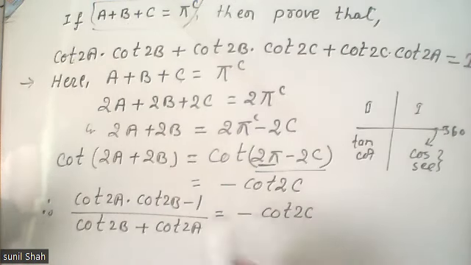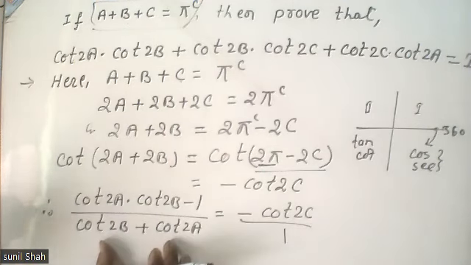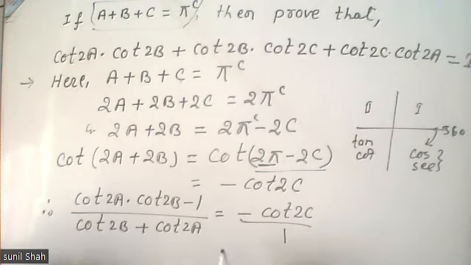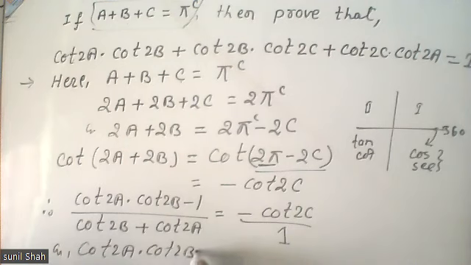Now, by cross multiplying, we multiply this by this and this denominator by this numerator. So here cot 2A, cot 2B minus 1 is multiplied by this denominator. So this remains the same, cot 2A into cot 2B minus 1.